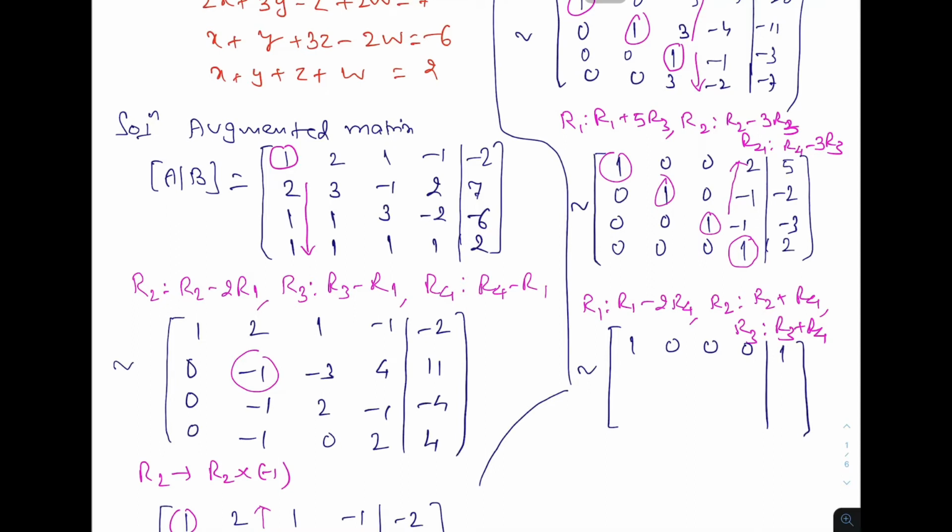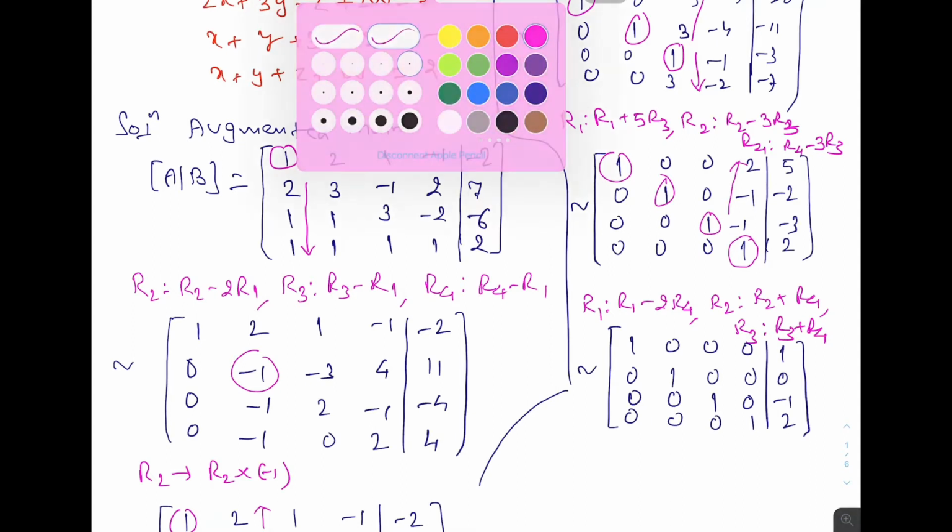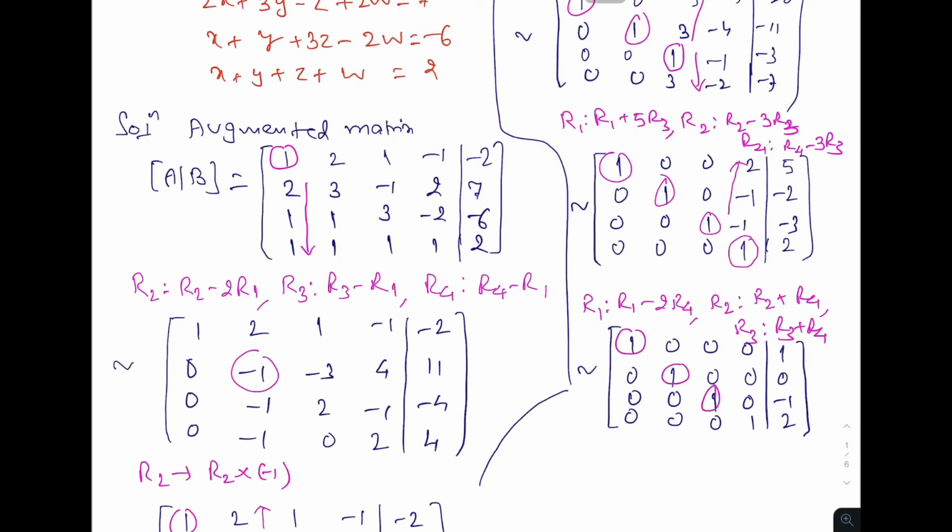Similarly R2 plus R4, so that will be 0 1 0 0, R2 plus R4, so 2 minus 2, so that is nothing but 0. Similarly R3 plus R4, so just add here, so that is 0 0 1 0 minus 1, and last row as it is 0 0 0 1 and 2. So now you can see that these are the leading ones.